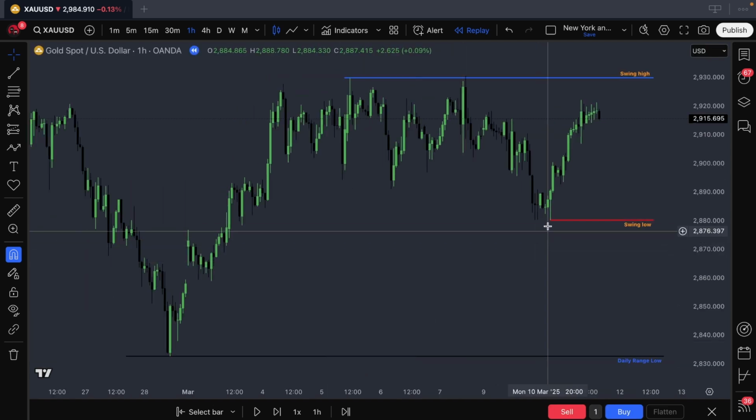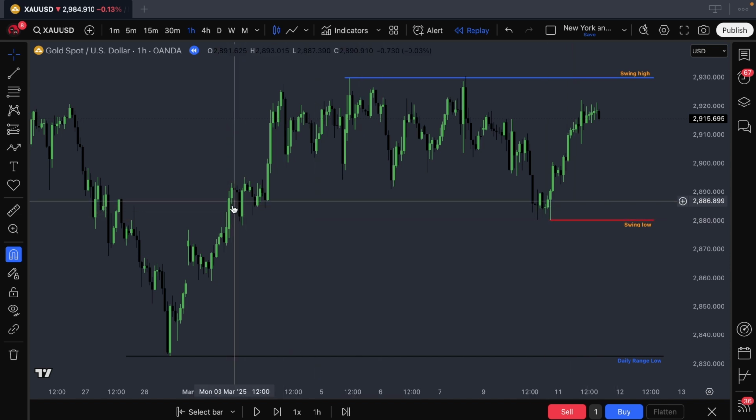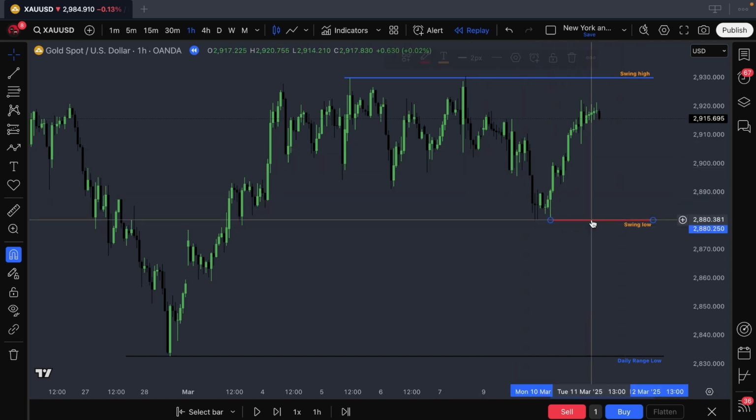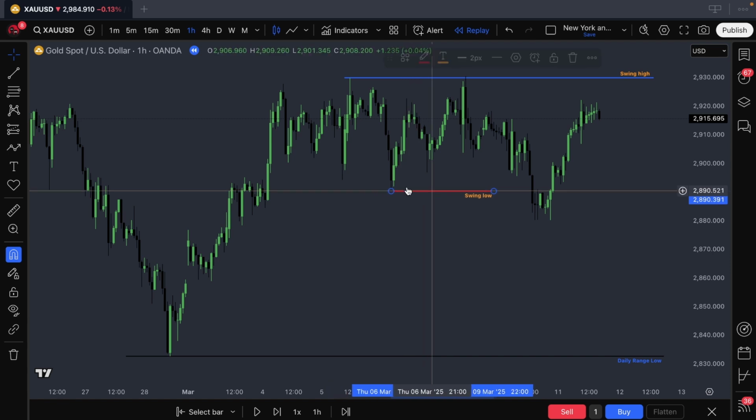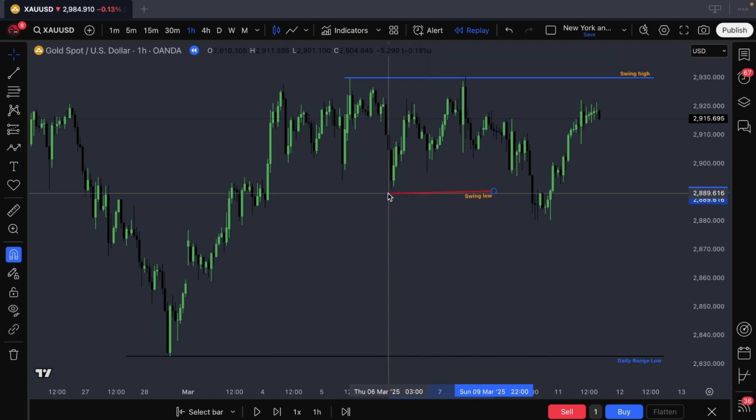Let's go down to a 1 hour. Let's see. Yeah, I would say this fair value gap right here, but that got filled up right there. So I guess it was a liquidity grab, and it did grab its liquidity.